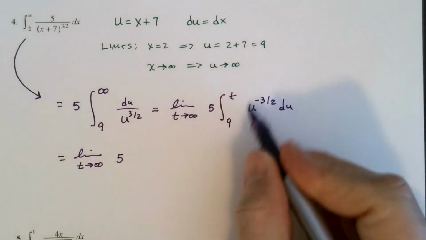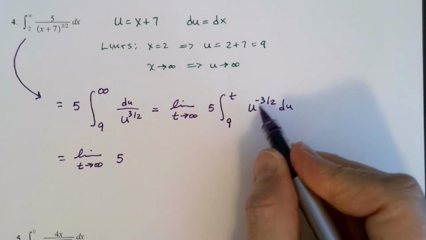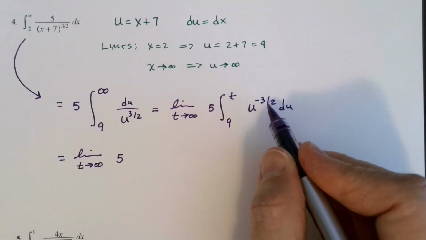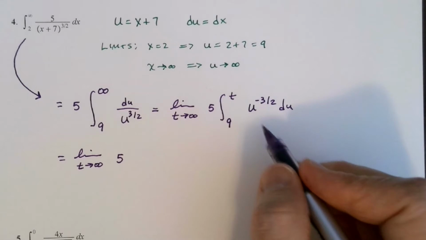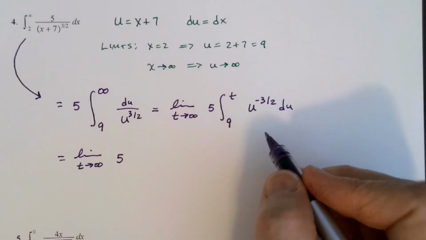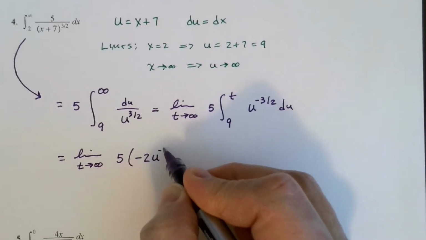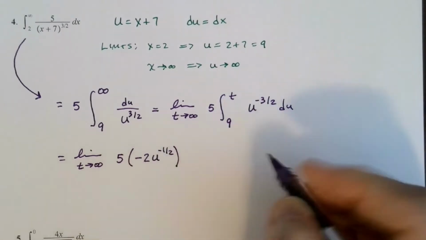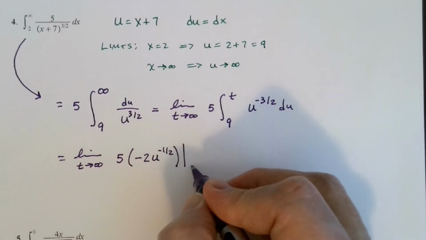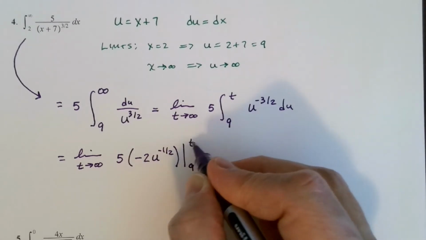So what's the antiderivative of u to the negative 3/2? Power rule. Add 1 to the power. I get u to the negative 1/2 divided by negative 1/2. It's the same as multiplying by what? Negative 2. And we're evaluating this at the upper limit of t and lower limit of 9.